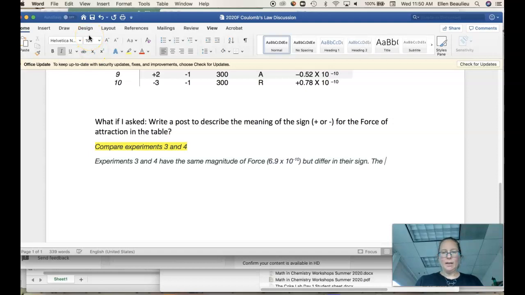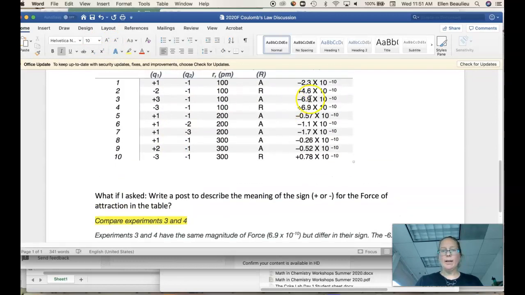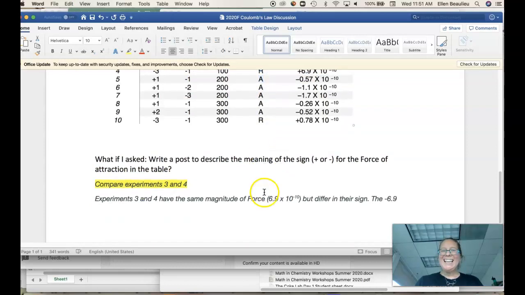The negative 6.9 in experiment 3 is associated with an attractive interaction. The positive sign in experiment 4 is a repulsion.